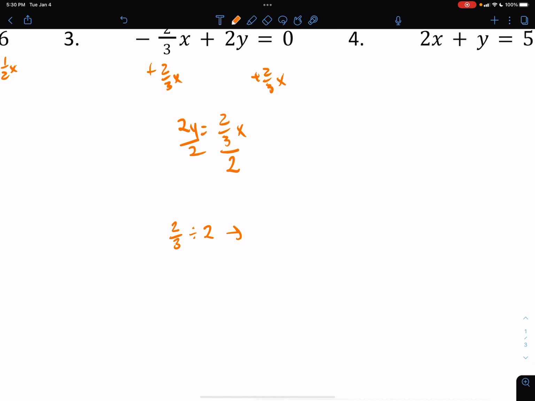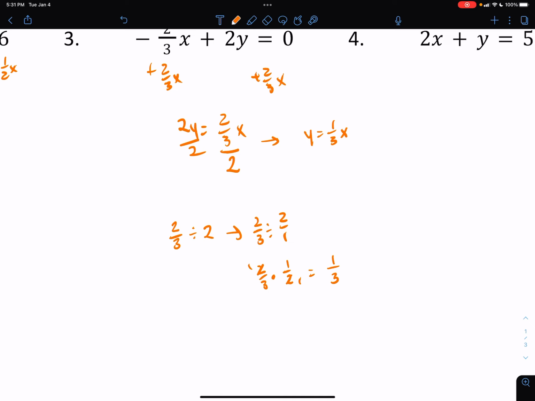Remember, this is the same thing as 2 over 3 divided by 2 over 1. Keep, change, flip. And then you could cross simplify from here, and then multiply straight across, and I get 1 over 3. So really, this is just y equals 1 over 3x.